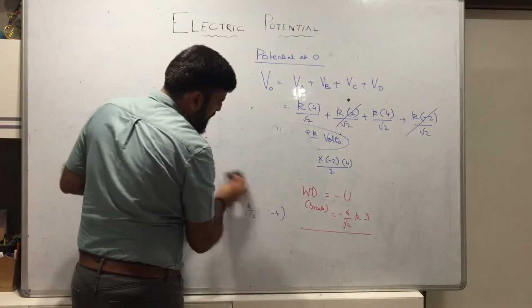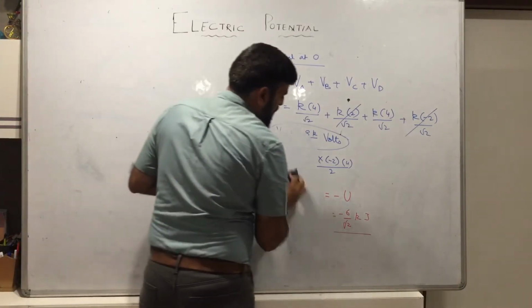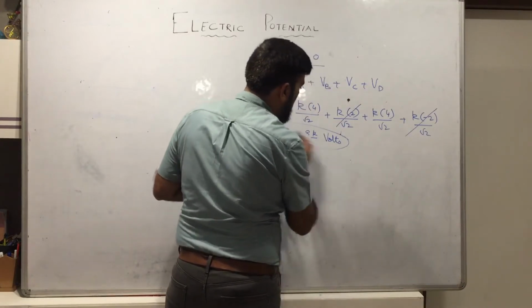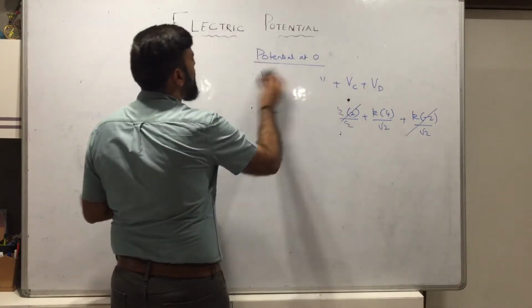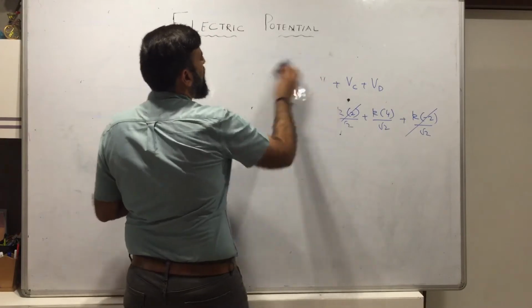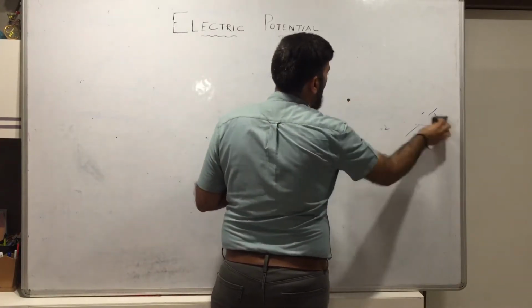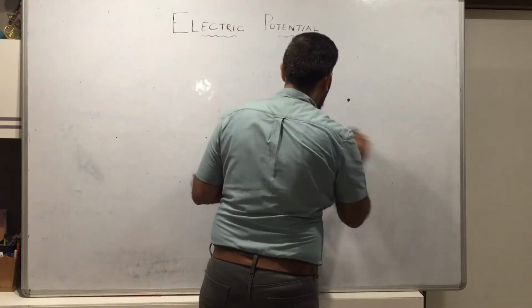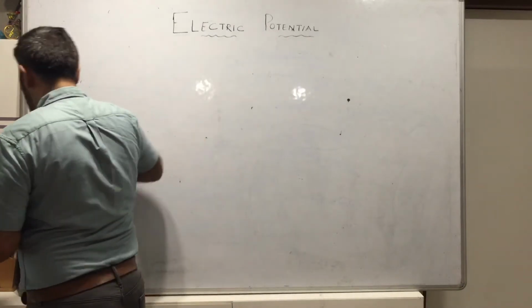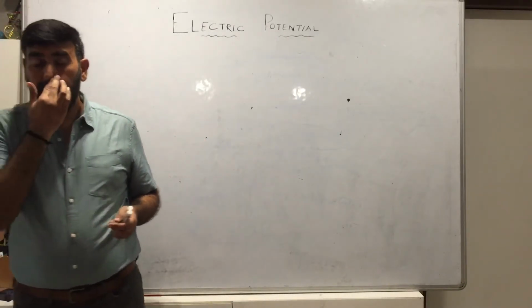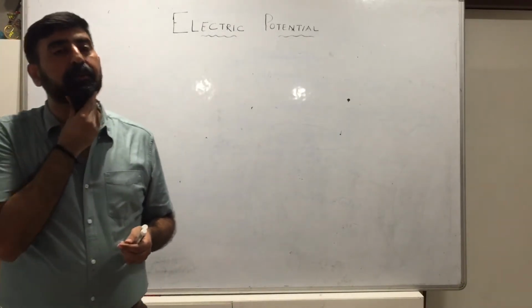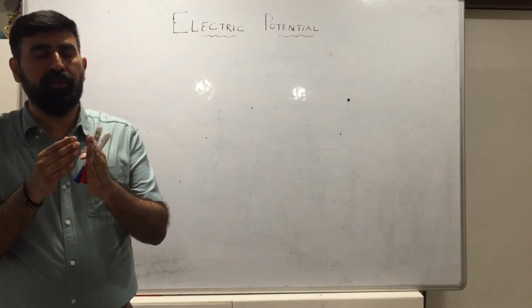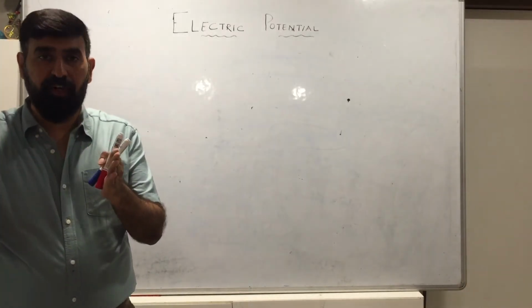I'll try to find out the potential at a point due to a dipole. Okay, I'll try to derive the expression of potential at a point due to a dipole. If you remember, we already deduced the electric field on the axial line of a dipole.